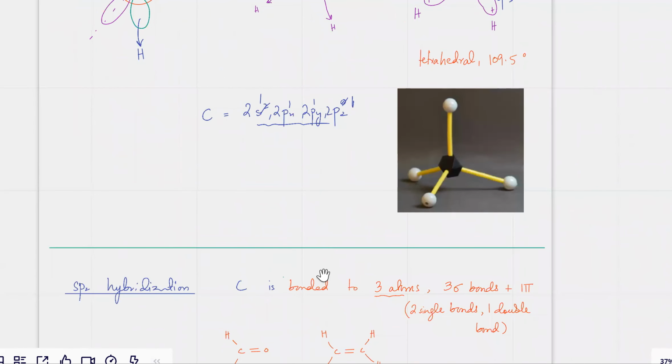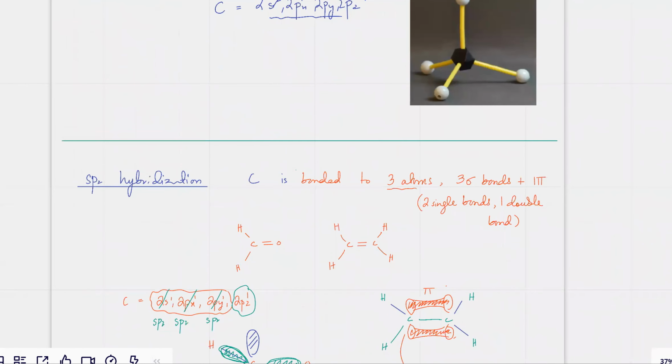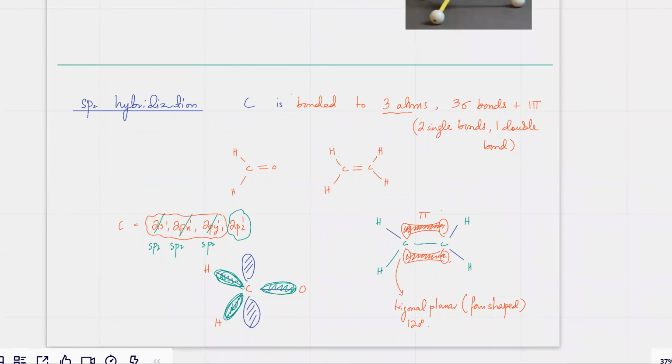And you had sp2 hybridization. In sp2 hybridization, you had carbon forming bonds with just 3 atoms. So electron density got attracted in 3 different directions, and the 4th electron would end up forming a pi bond.